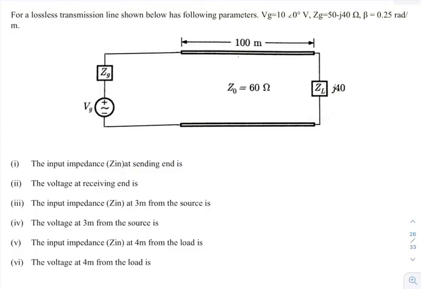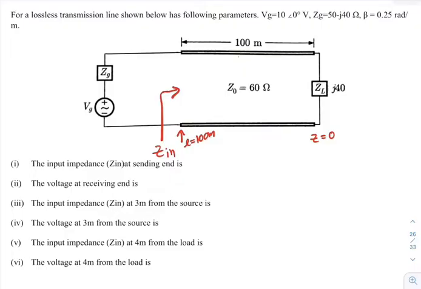The input impedance at the sending end means the input impedance available here, and the length of the transmission line is given as 100 meters. If I consider the ZL position as 0, this position will be L equal to 100 meters.